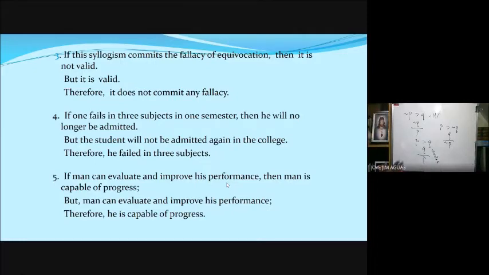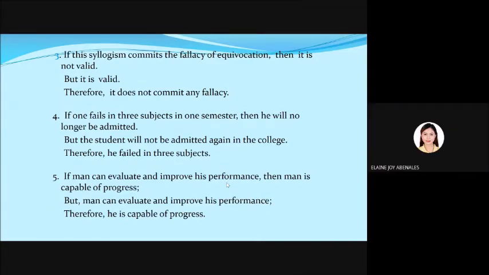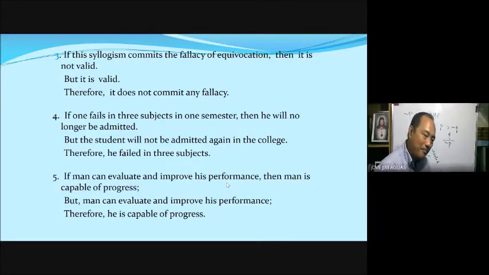Is that a valid argument? Yes, that's a valid argument. What is the process? Empty. M, T. Tollens, ponens.